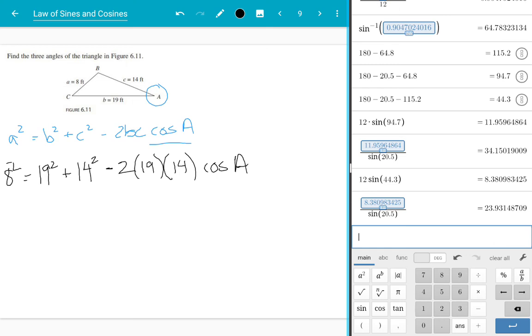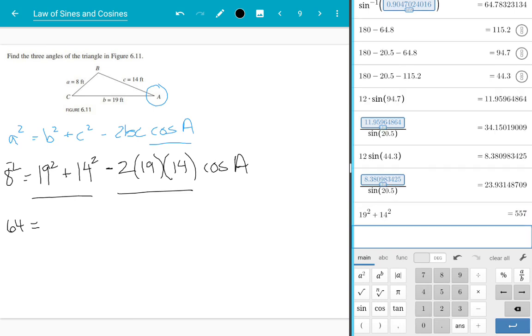So basically algebraically, you've got to get all this to the other side. Let's start the process. I know 8 squared, that's a quick one, that's 64. Let's find the sum of 19 squared and 14 squared. That's 557.